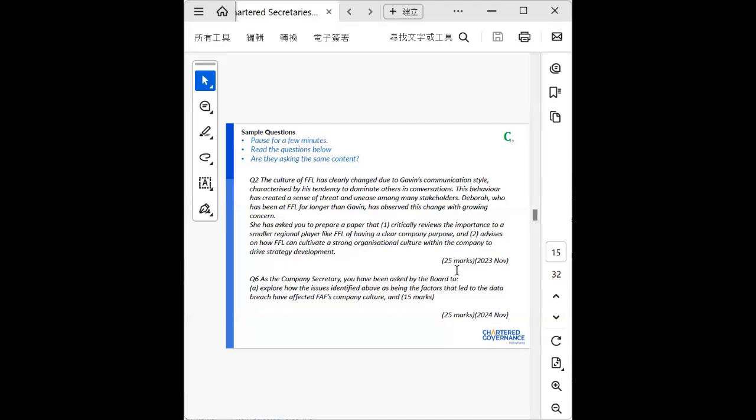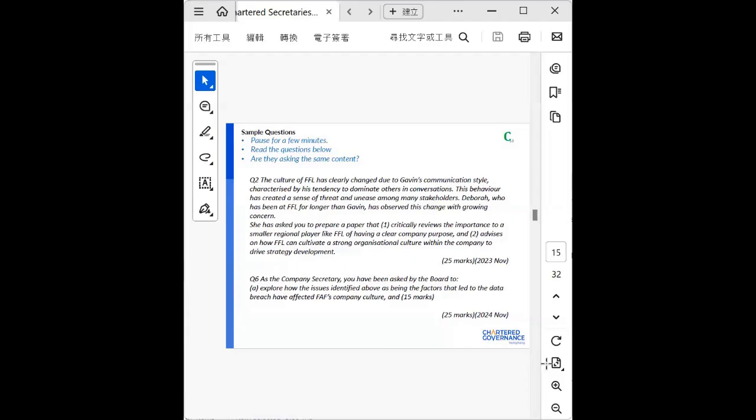Now, question 6, for example, in here, asked you to explore the issues as being a factor that leads to data breaches that affect the culture. So we'll look at this example, how the data breaches have affected the company culture.